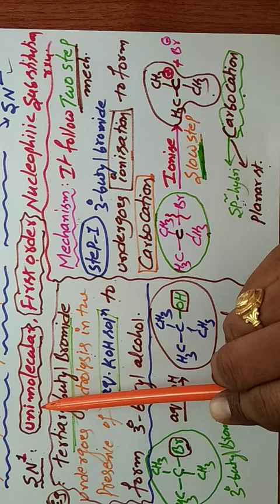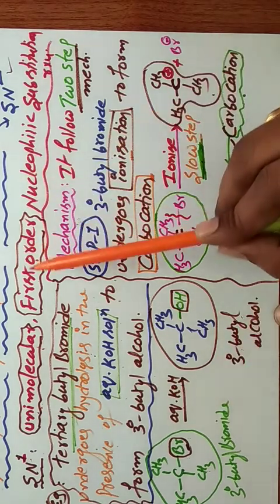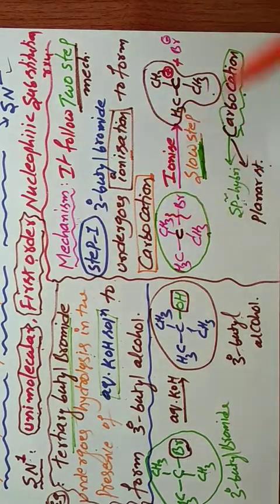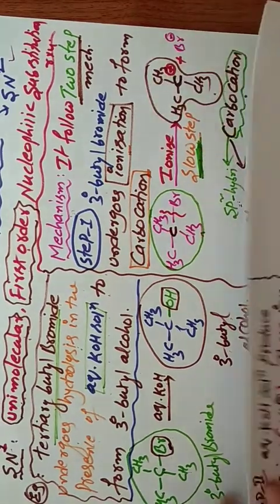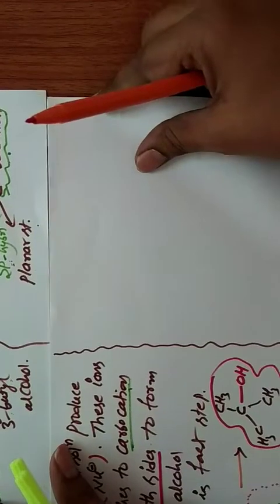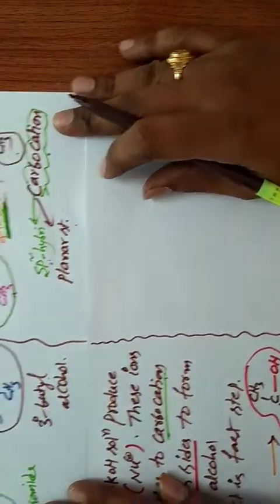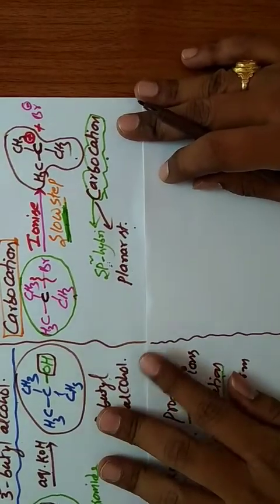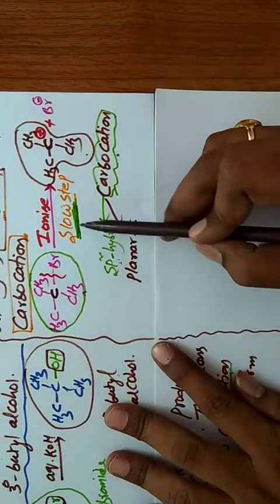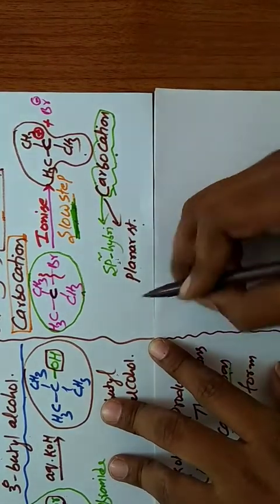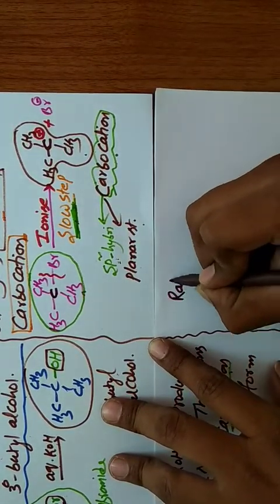Next, first order. First order means, according to this, the rate of reaction depends on only the slow step mechanism. Yes or no? The rate of reaction depends on the slow step mechanism. Rate is nothing but speed. In normal terminology, speed.